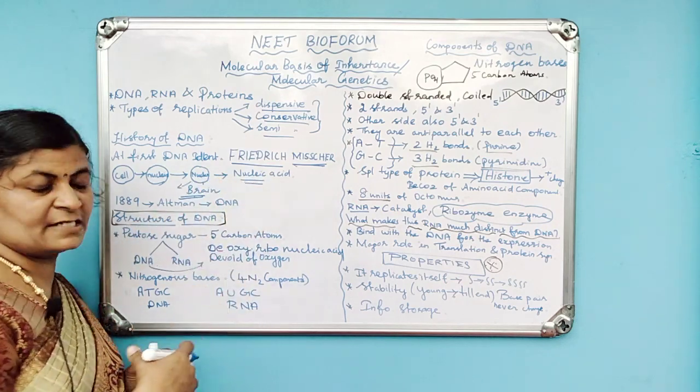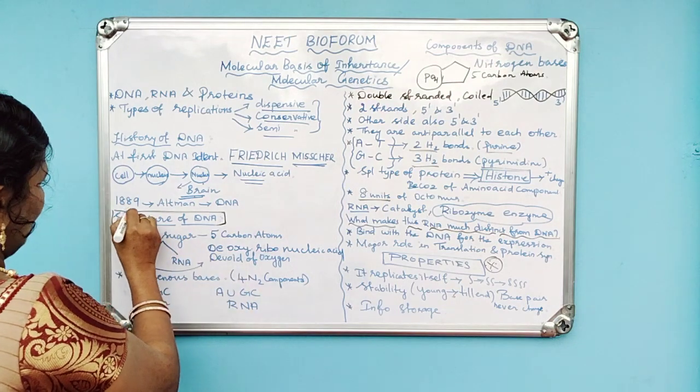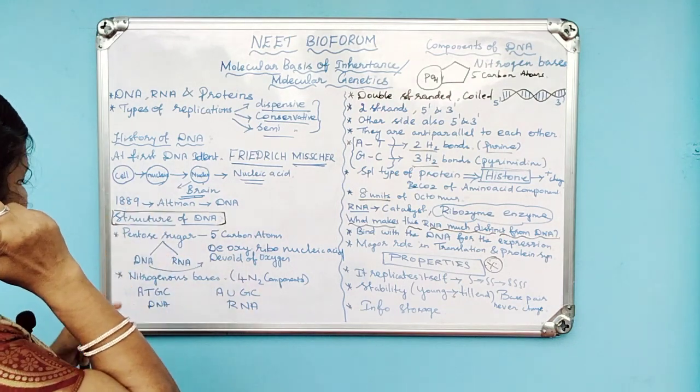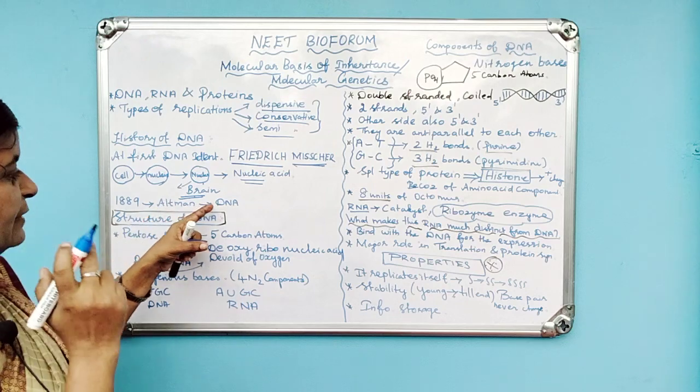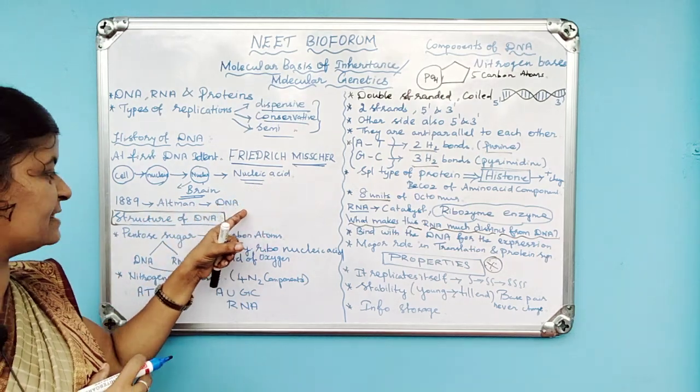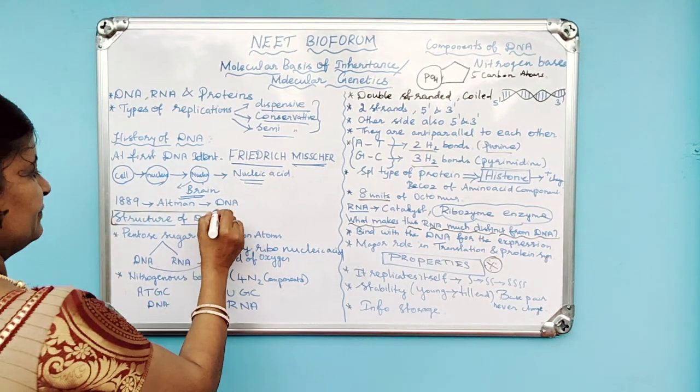Many years back, in 1889, Altman named this nucleic acid as DNA.